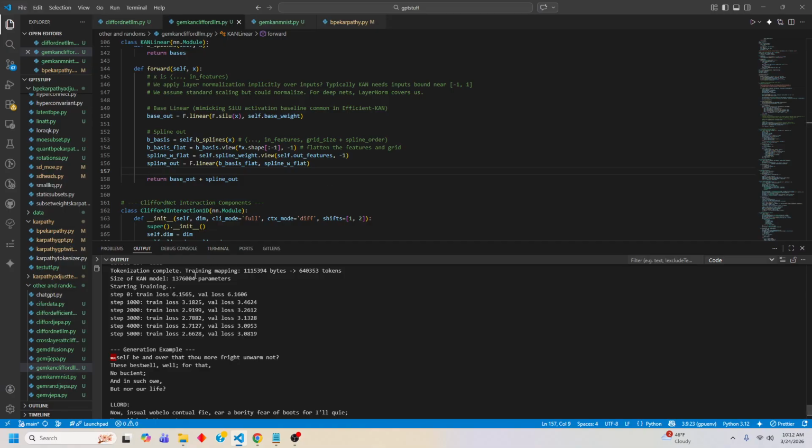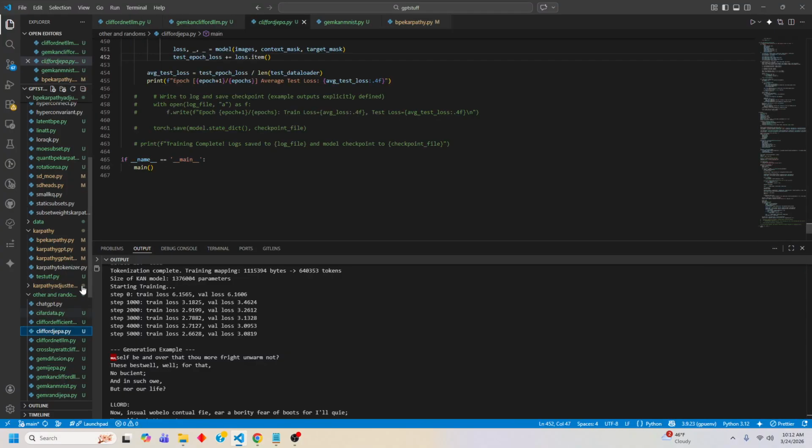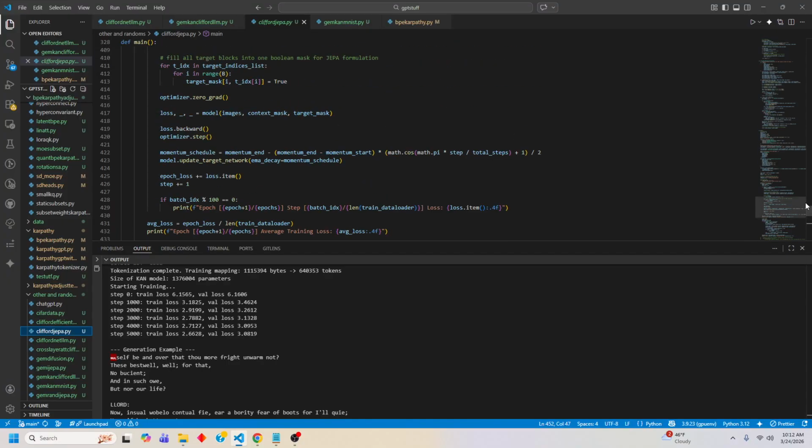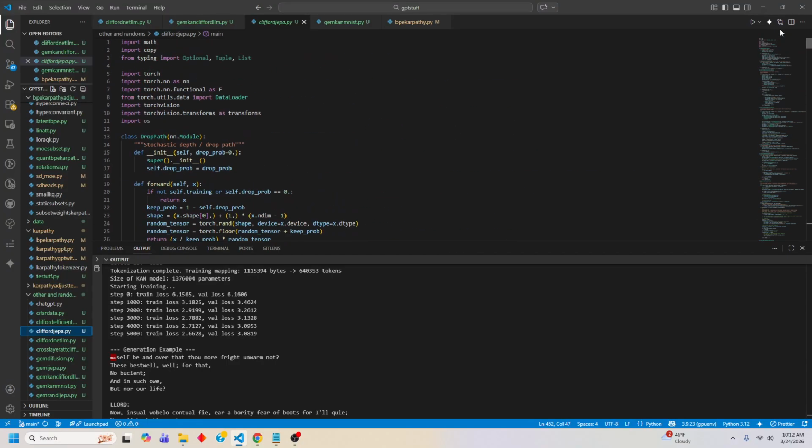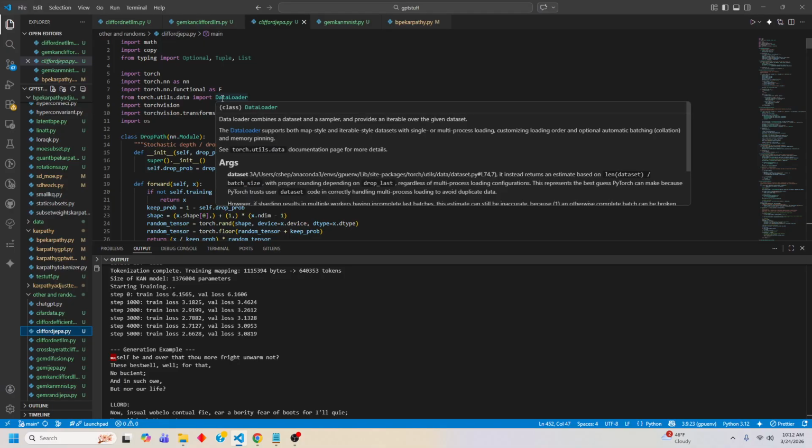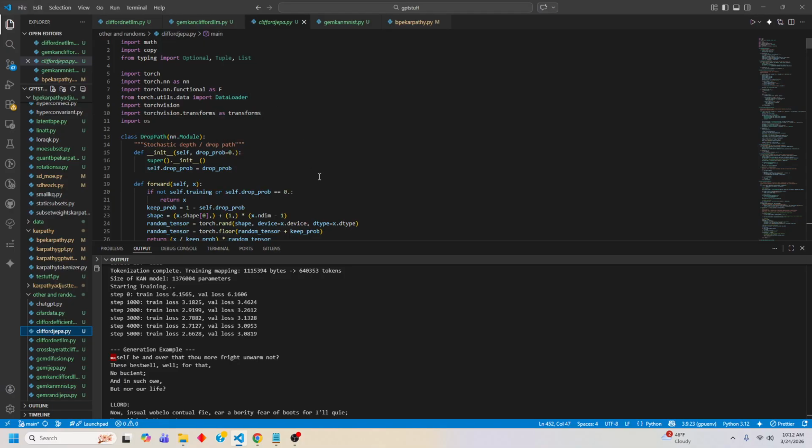I also looked at combining the Clifford with JEPA, and so far my findings are, I thought I wrote a note at the top, it doesn't seem as good.